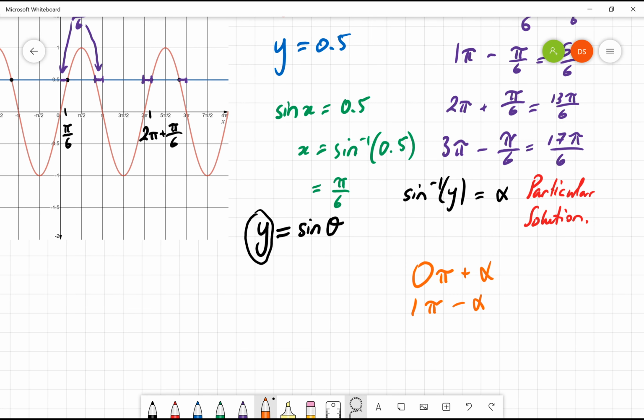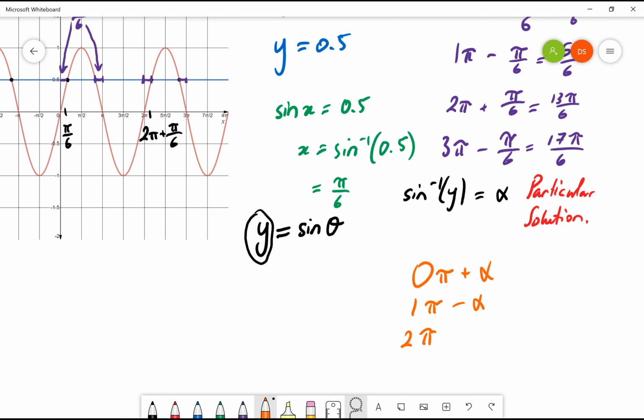I've just had pi on 6. 2 pi plus alpha. 3 pi minus alpha. And so it follows this pattern. Does the internal require us to show that there is a pattern? You have to know that there is a periodic nature to the solutions. I'm not sure what our internal currently looks like, but when we get there, we'll have a chat.